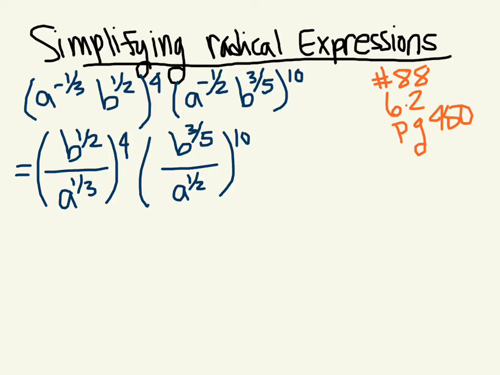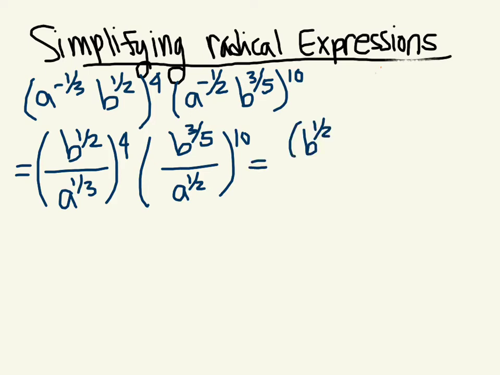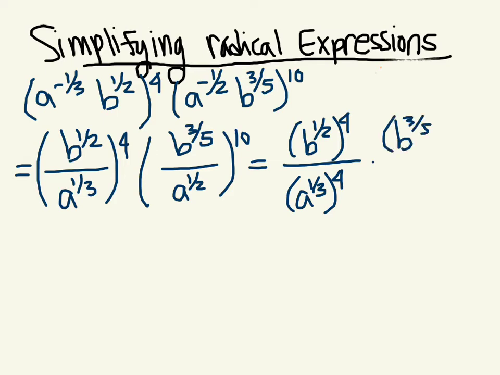So let's be very careful with how we write this down: b to the 1/2 to the 4 over a to the 1/3 to the 4, times b to the 3/5 to the, not 4, to the 10, over a to the 1/2 to the 10.